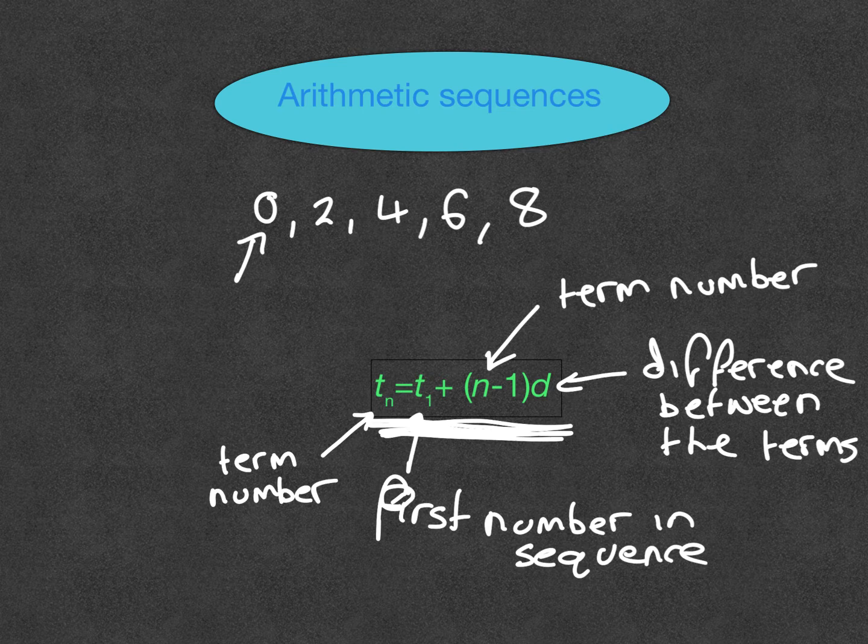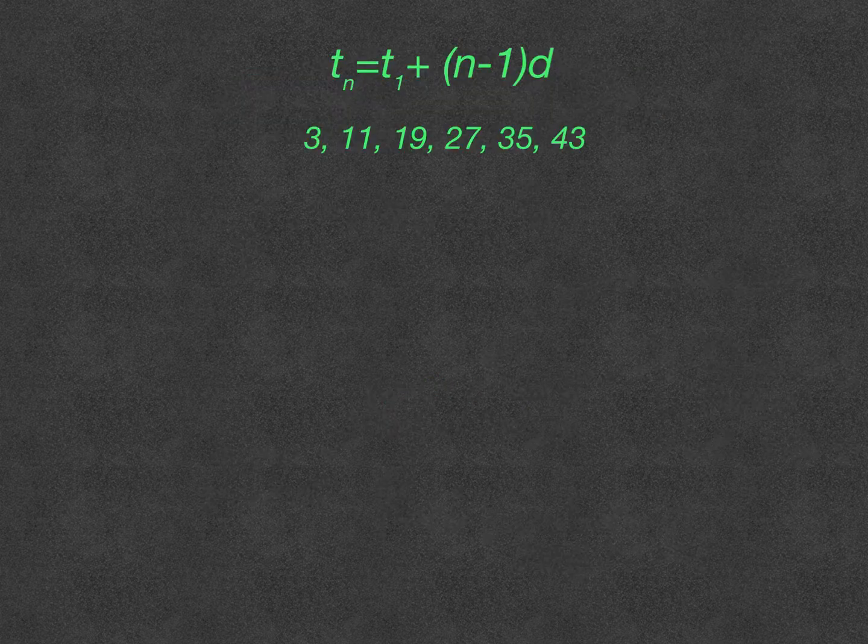Okay, so let's look at how we might use this equation. If we have this sequence of numbers here, 3, 11, 19, 27, 35 and 43, hopefully most of you can pick up the pattern: there's a difference of 8 between each number.